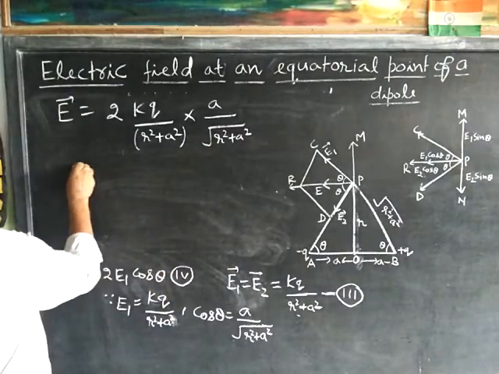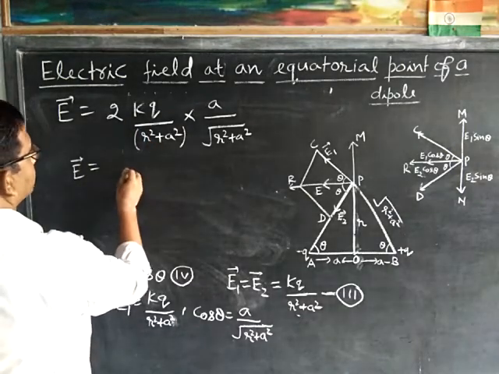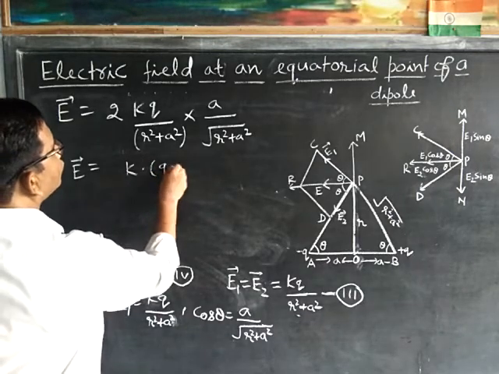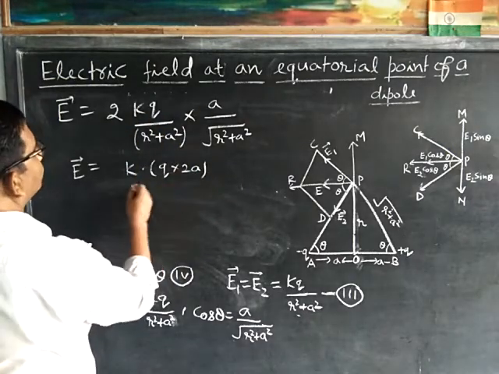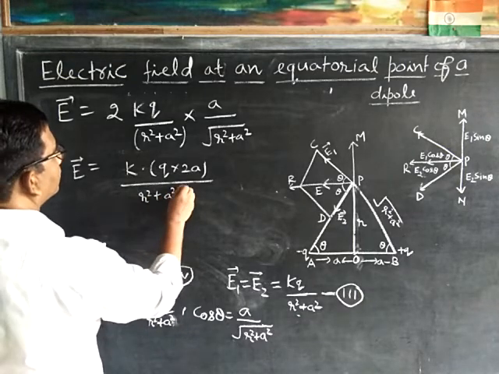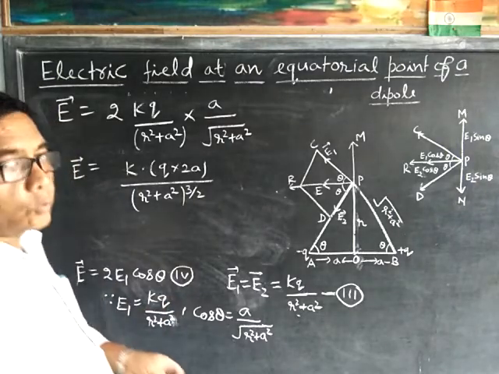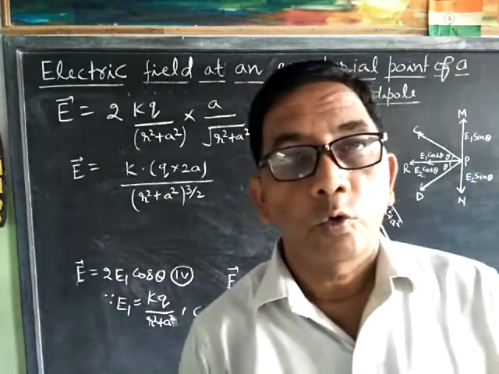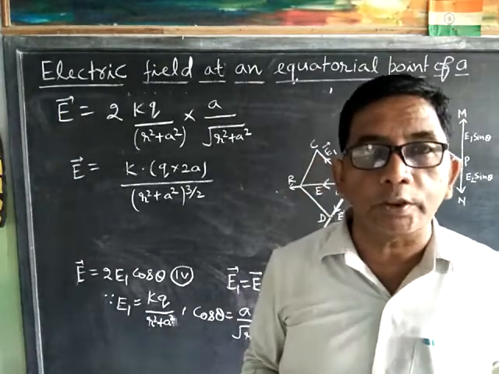Therefore E is equal to, we can write this, K into Q into 2A upon R square plus A square power 3 by 2. But we know dipole moment P is equal to Q into 2A. The strength of an electric dipole is known as dipole moment, you know it.